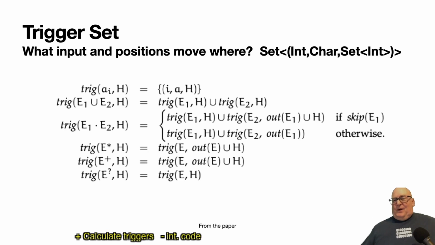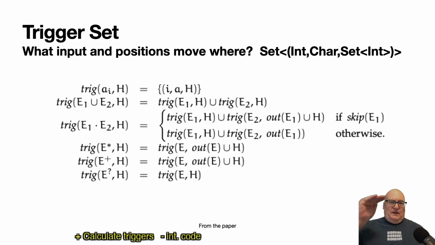Okay, so where we're going to now is we're going to compute this trigger function. That's basically the table we've been looking at. And so the table, it's a set, meaning there's a lot of these things. We had 5 or 6 in the table just now, and it's an integer, an index, move to position I if character equals any of these in the set.